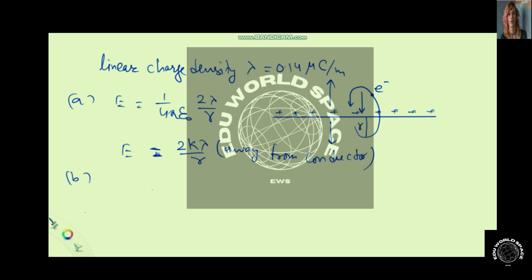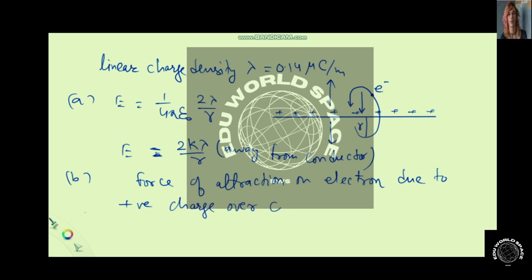Okay, now in the second part of the problem, the electrostatic force of attraction on the electron due to the positive charge over the conductor will be providing the necessary centripetal force for the circular motion of the electron.